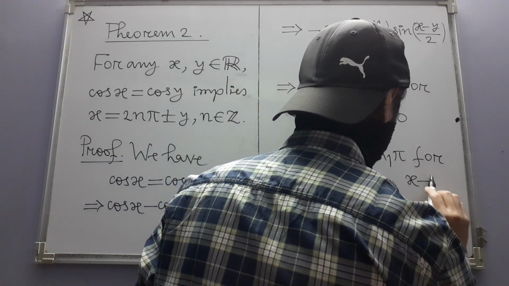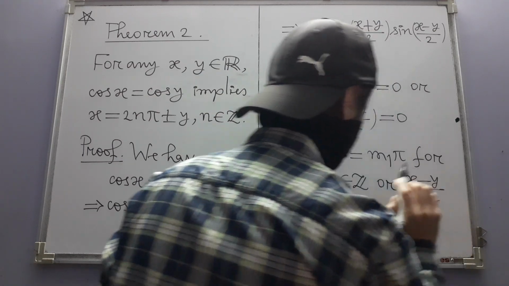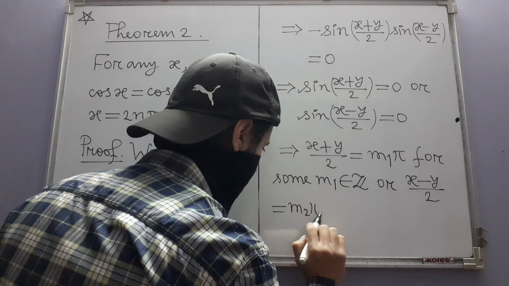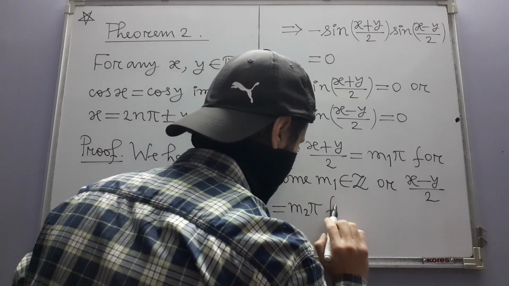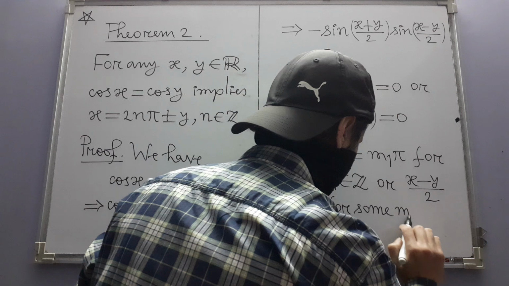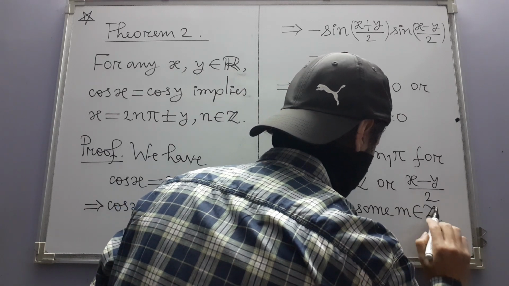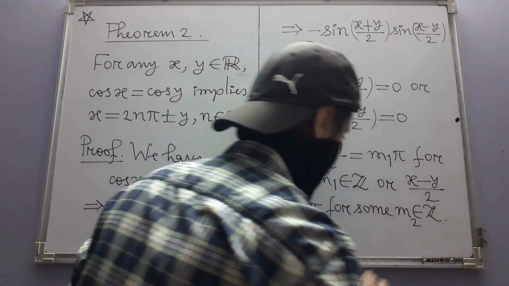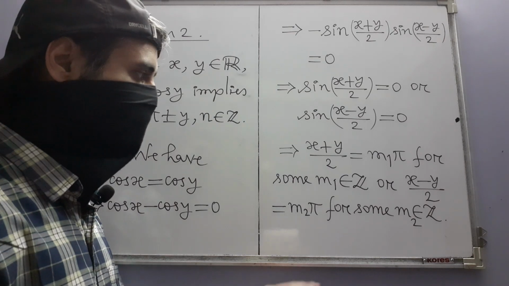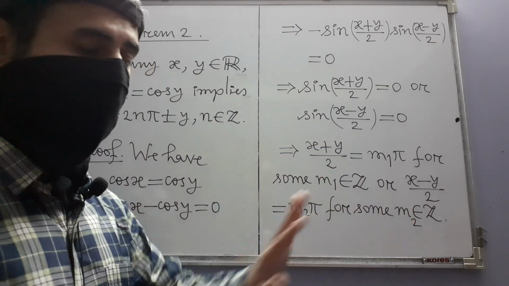x minus y divided by 2 is equal to m2 pi for some integer m2. It's of course not necessary that m1 and m2 have to be equal. I mean, these are just two independent statements.